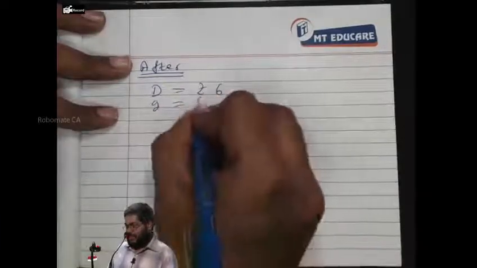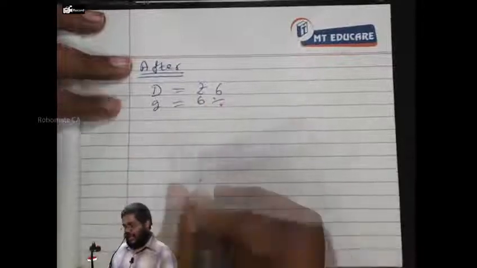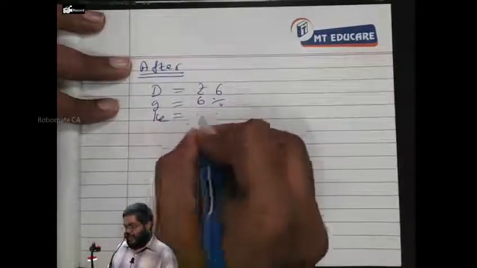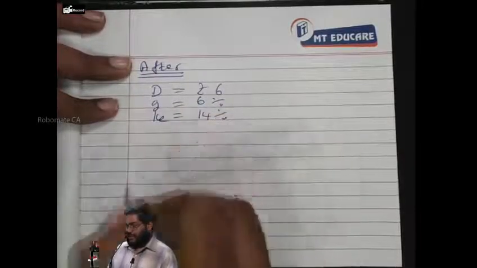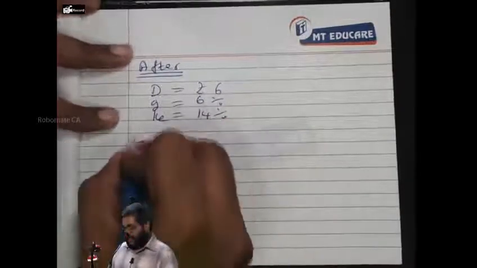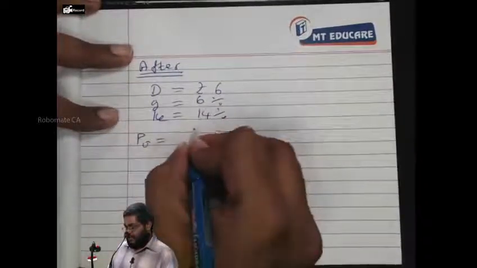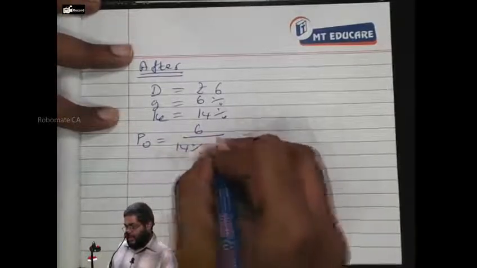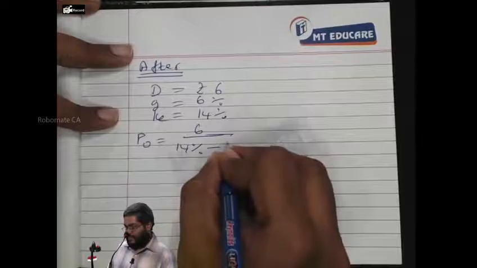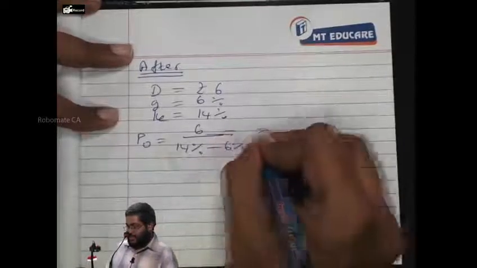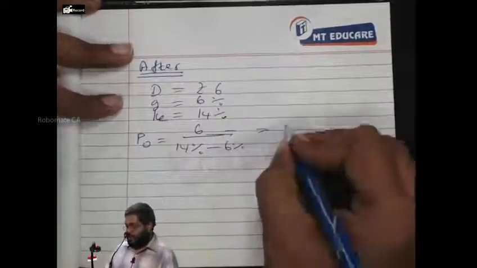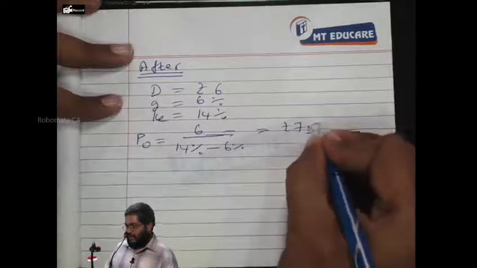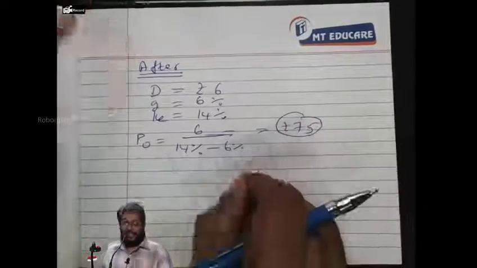How much percentage is it going to be? 6%. KE is going to be 14%. P0 is equal to 6 divided by 14% minus 6%. How much is it going to be in pound sterling? 75. The share price becomes pound sterling 75.